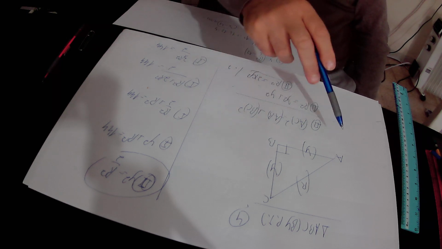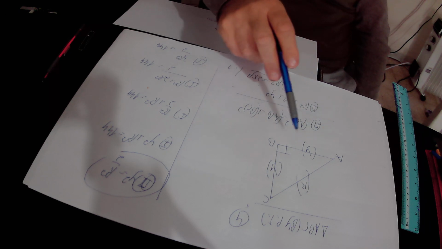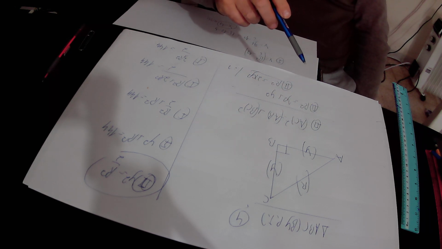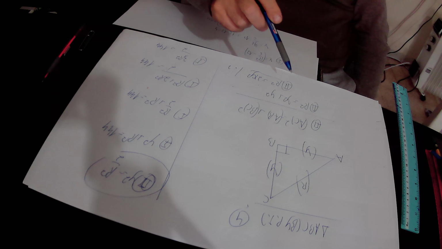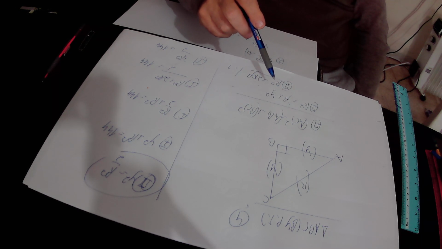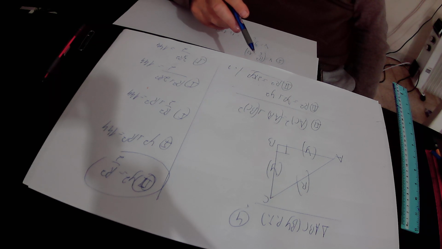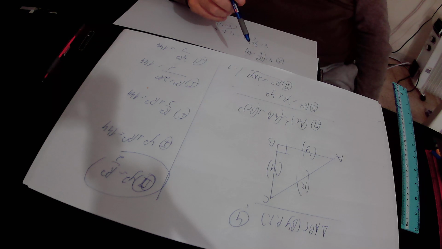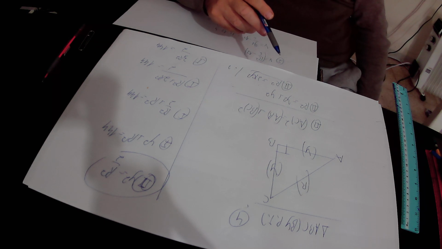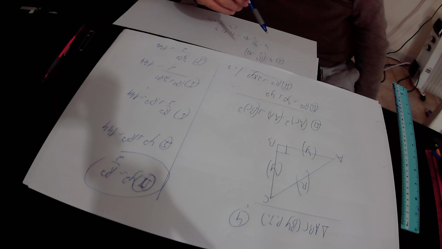AC is R, therefore AC squared is R squared, and it equals AB squared. AB is y, therefore AB squared is y squared, plus BC squared. BC is y, therefore BC squared is y squared. So in conclusion, R squared equals y squared plus y squared, that is 2y squared. We divided this equation 2 by 2, and finally found that y squared equals R squared over 2.